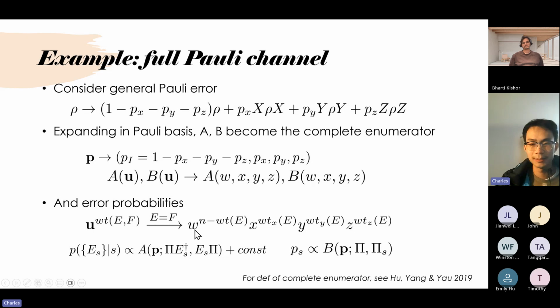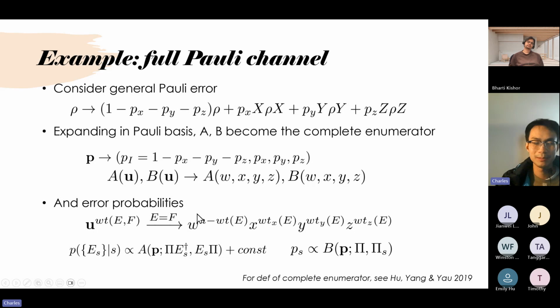And the structure of the weight function now is, instead of computing Hamming weight, it's going to have these forms where for x you raise it to the x weight of this Pauli string, where you just count the number of x's that appear in E, and here you count the number of y's, you count the number of z's, and that's it, right?